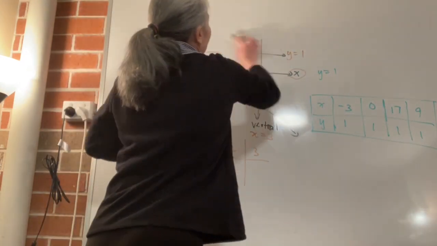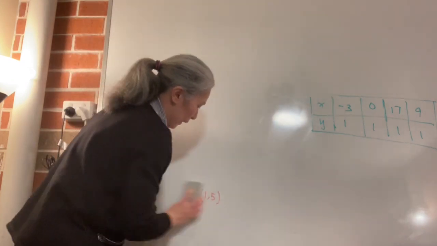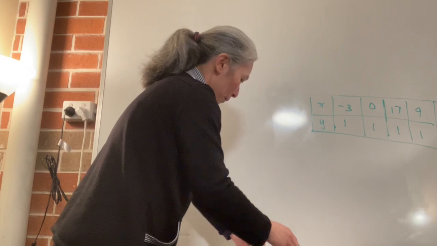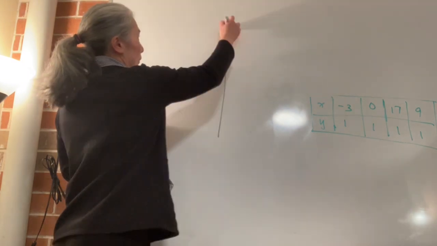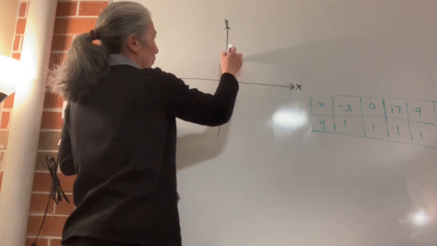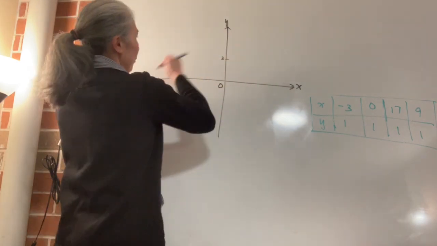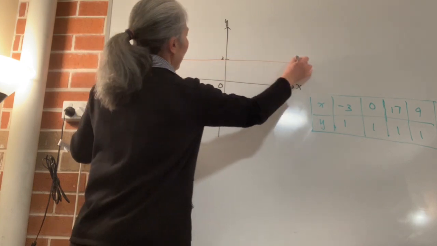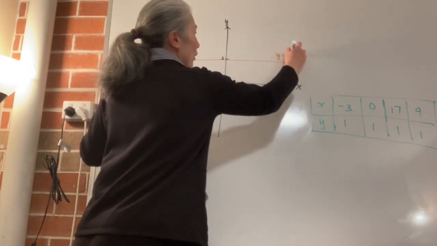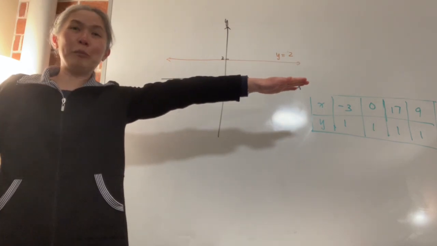Okay, let me get all of this. If I have a line going flat through the 2 in here, this is y equal to 2. If I have something flat like this, do I have any slope?